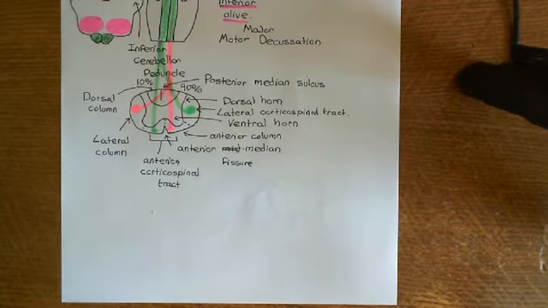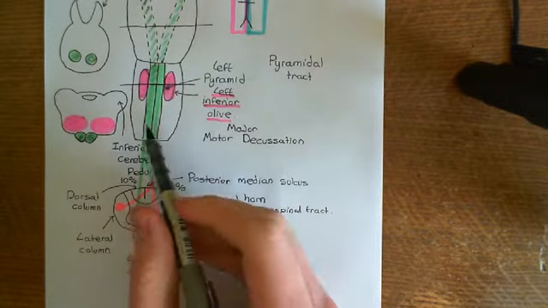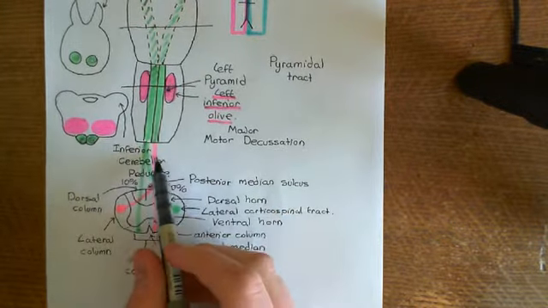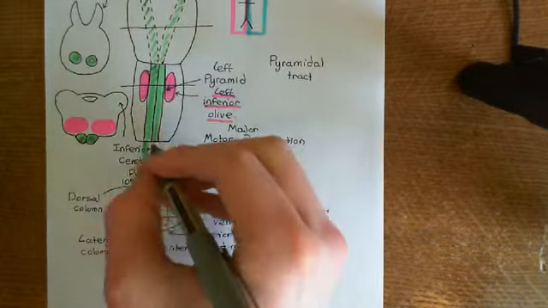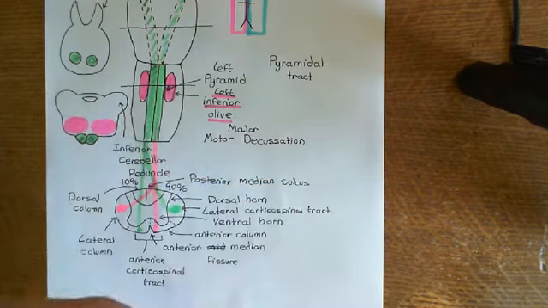So this is where the naming becomes a bit more complicated. If someone just says the corticospinal tract, what you can assume they mean is the portion of the corticospinal tract prior to the decussation. Okay, so the portion prior to the bottom of the medulla, basically.